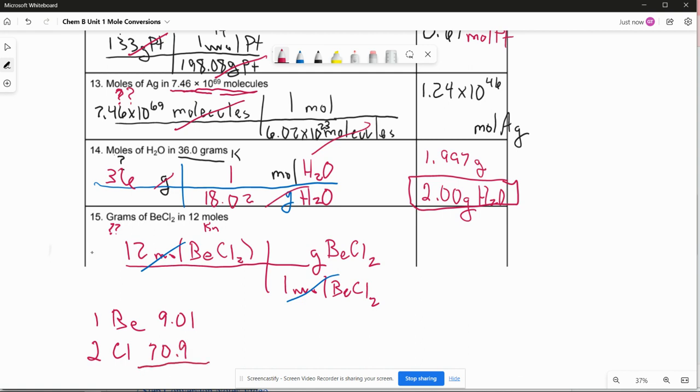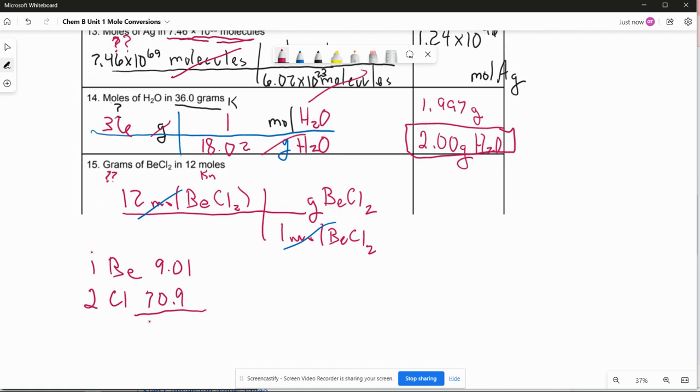So I add those together in my calculator or on my paper, and I'm going to get 79.91 grams per mole for beryllium chloride. So that's what I'm going to write up here, 79.91.